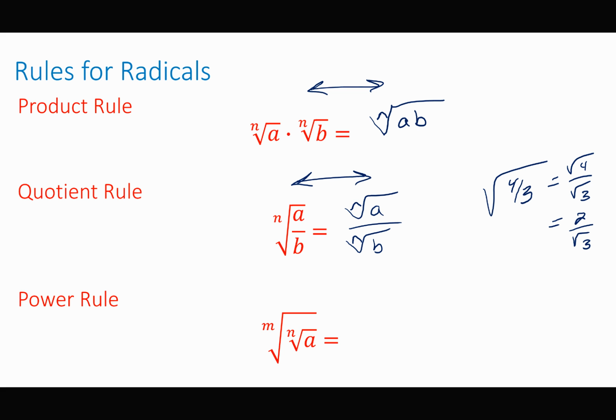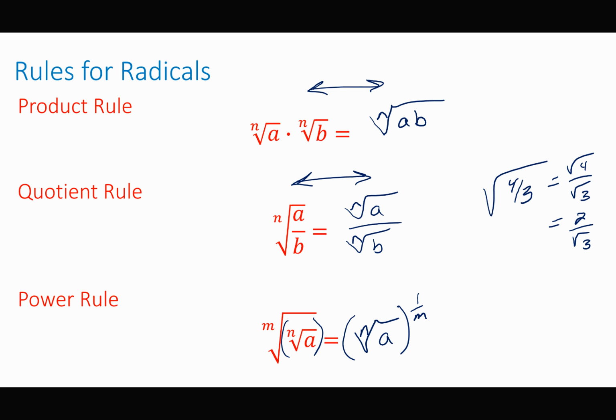And then next one is the power rule. Okay, so I'm going to put parentheses around this just for clarification. So I have the mth root of the nth root of a. But I put parentheses around, think of it as just one piece. So the nth root of a is going to be raised to the 1 over m.